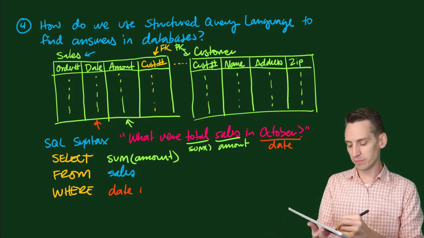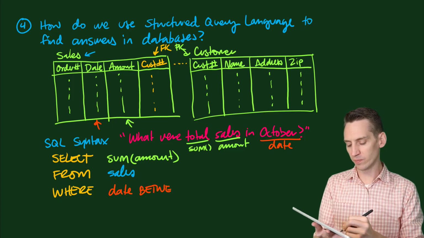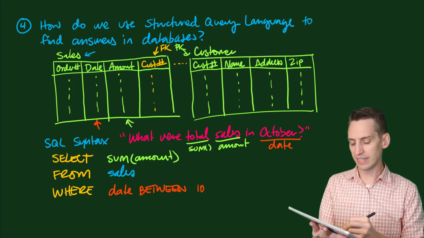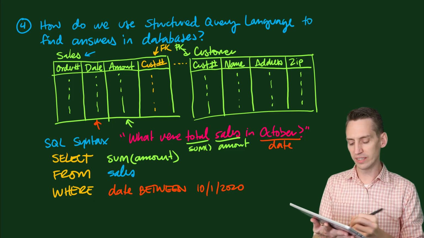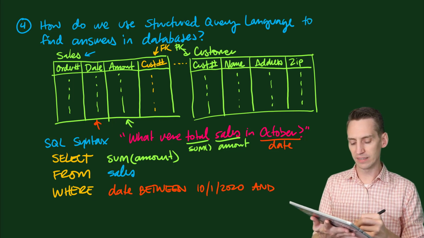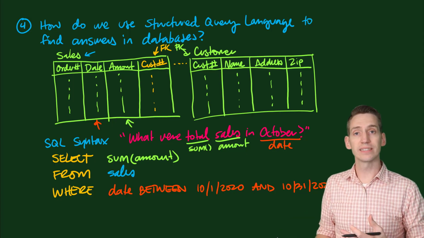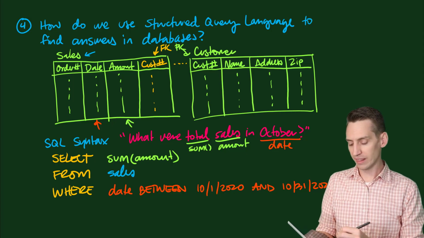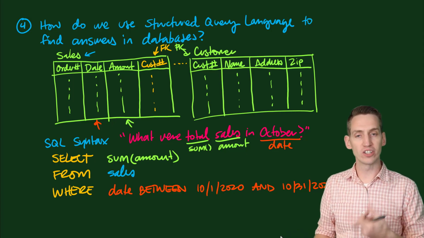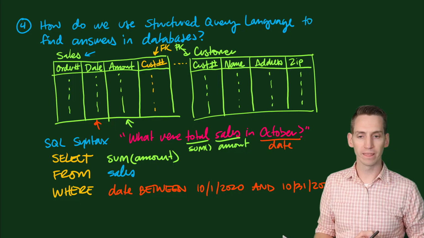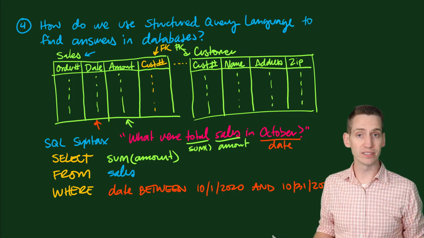I want date between 10/1/2020 and 10/31/2020. So this last line will narrow the results to only show sales transactions for October. Then it will then calculate the total amount and show me the dollar value. This is how we would calculate account balances, for example.